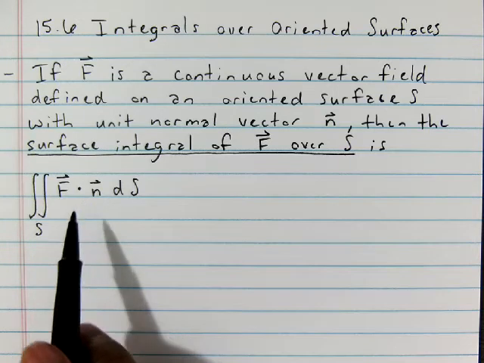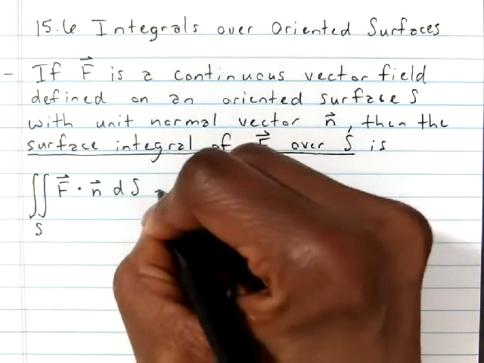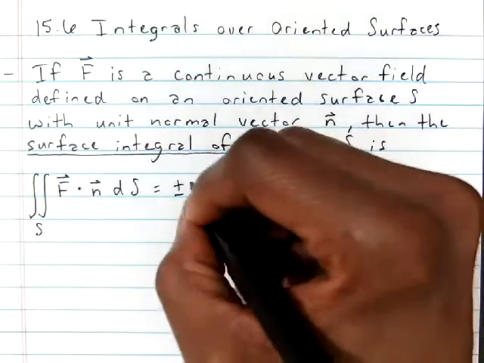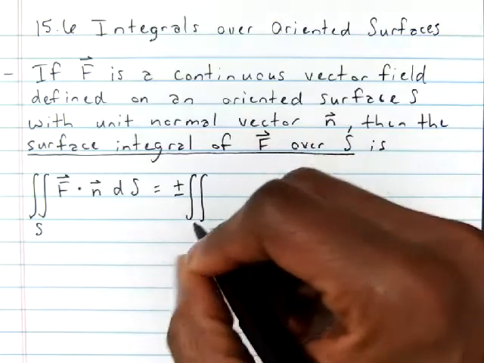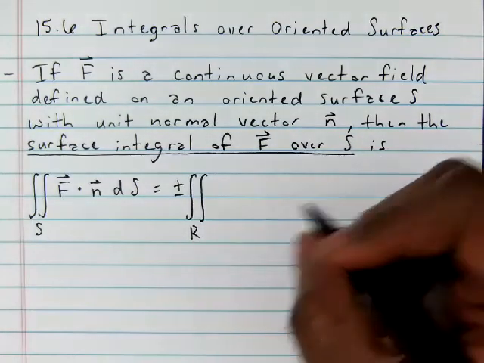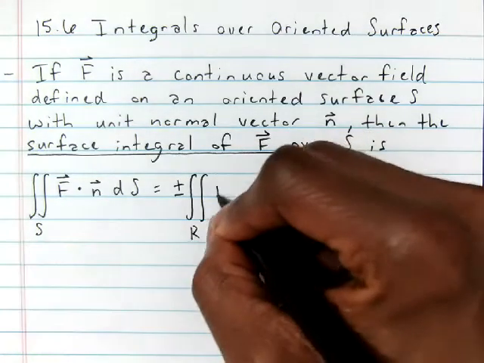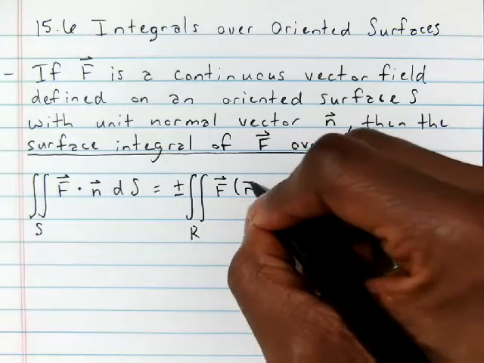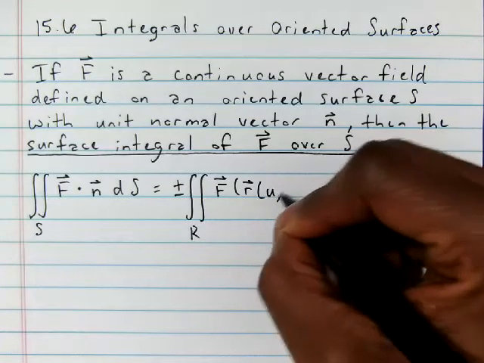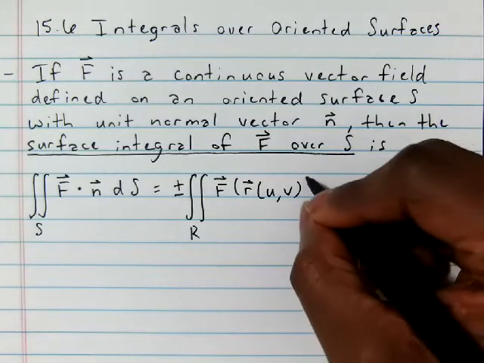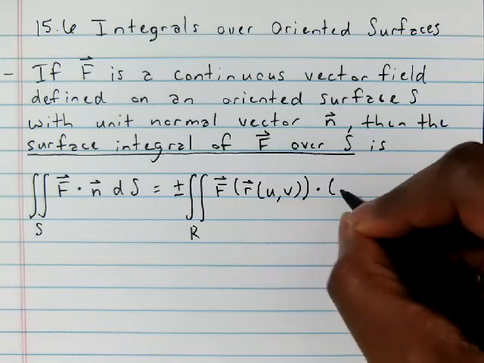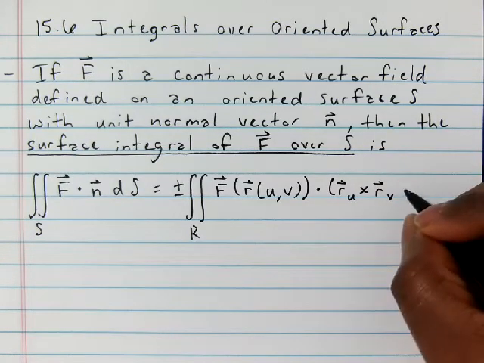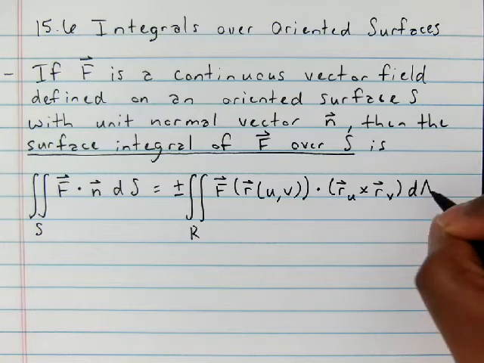So in practice, what we're actually going to use is, this is equal to plus or minus the double integral over some region R, and I'll specify what that region R is, of your vector field F. Then you take that vector field F and you substitute in your parameterization for your surface, F of r of u, v, and then you dot that with r sub u cross r sub v, and then dA.